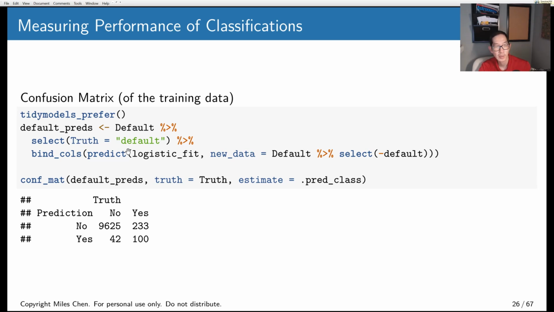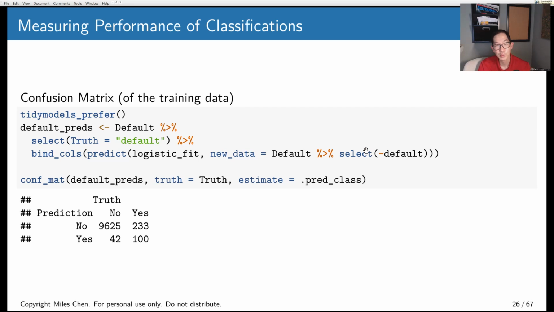Then I'm going to bind that to the results of calling predictions. I take my logistic_fit model and make predictions where my new data is basically the default data set without the outcome variable. In our case it will just use the balance info, though the other variables are available, but here it's making predictions based on the balance.